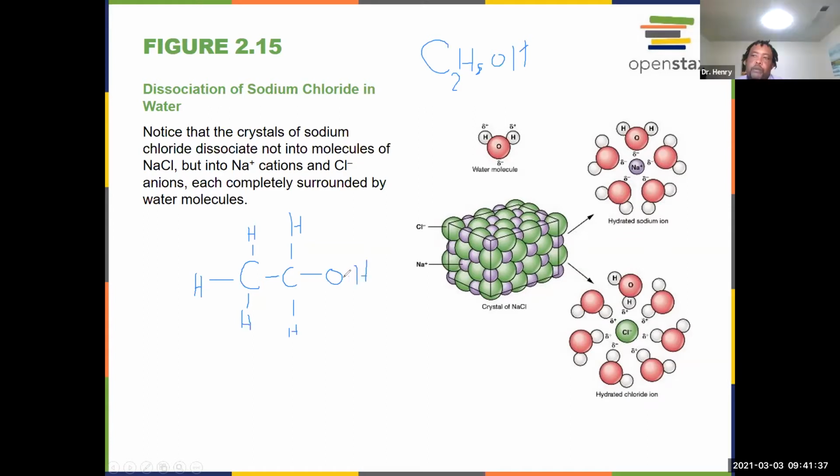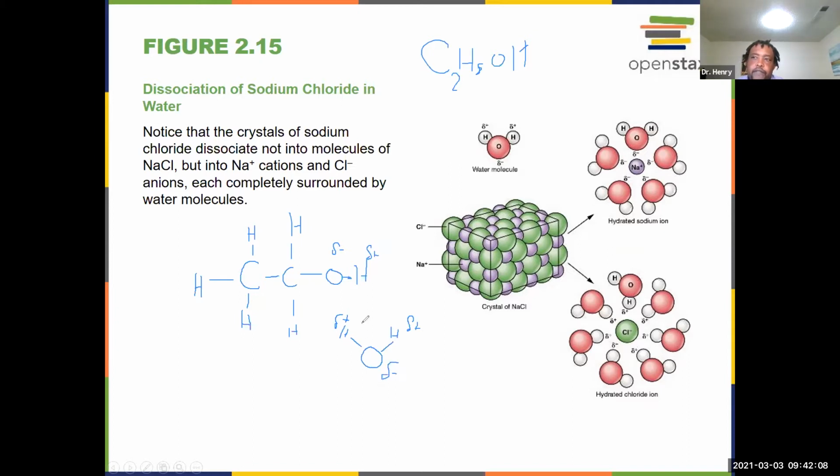Okay, so because this guy has this nice little OH, it's able to interact with water. So again, you'll have water, so this guy here is going to be your partial negative. This guy's going to be your partial positive. This guy's going to be partial positive, and this guy's going to be partial negative, right?